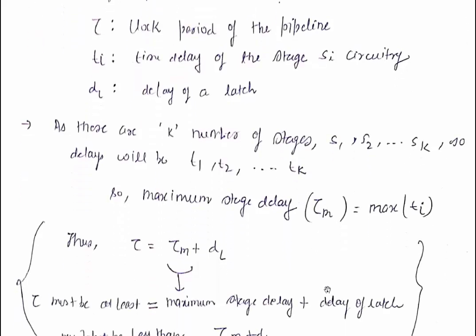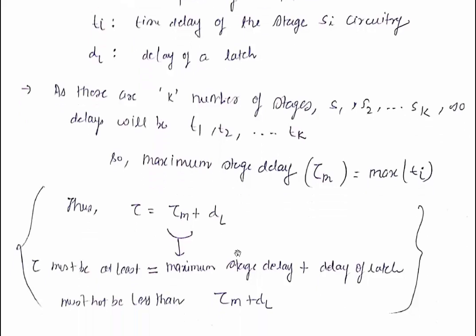Therefore the total time, that is the clock period of the pipeline, this tau, would be the maximum stage delay plus the delay of the latch. So that is tau of m plus dl. You can treat it as an average quantity. Your tau must not be less than this quantity, tau of m plus dl.